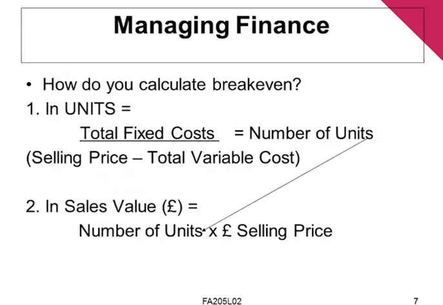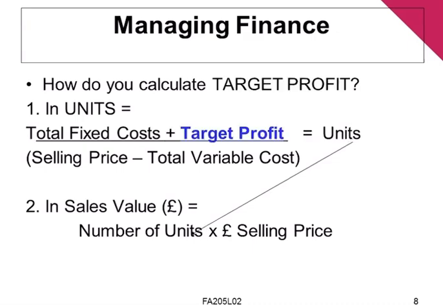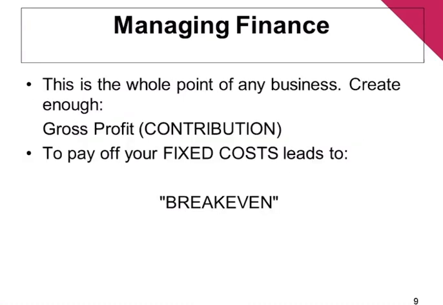So the slow way around of doing it is if your company sells one unit, and this is what you do at level 4, then you just divide the total fixed costs by your contribution per unit, and then you multiply it by the selling price to get your turnover target. And with target profit, it's exactly the same. You generate enough contribution to cover your fixed costs plus your target profit, and therefore you'd know your sales target.